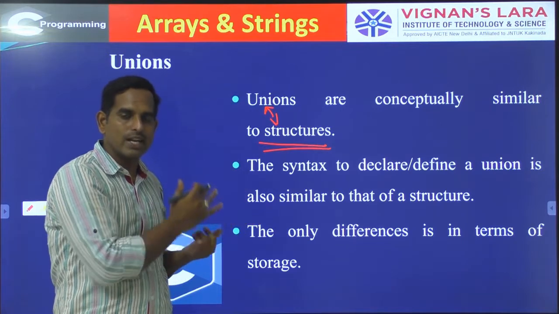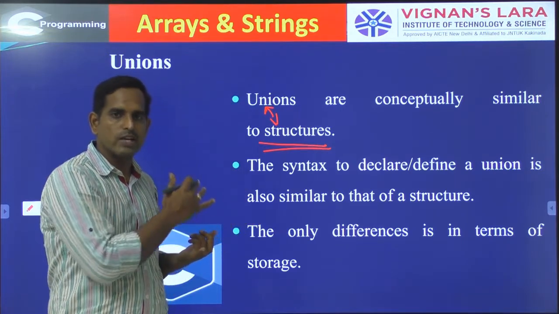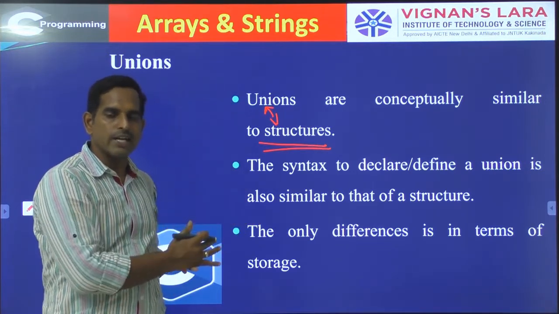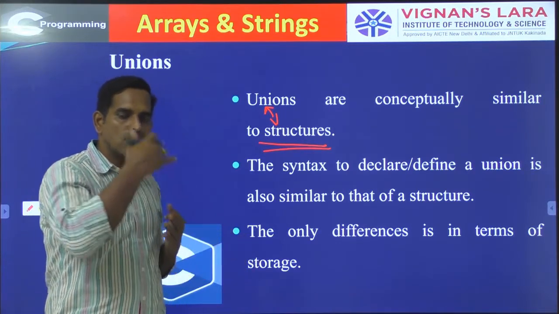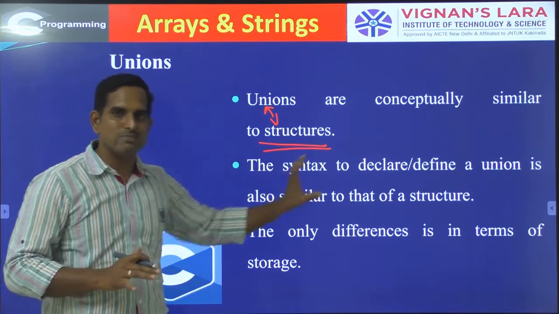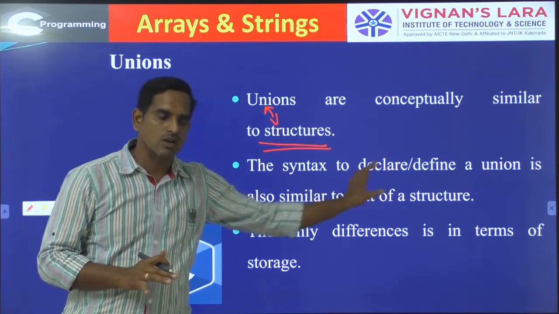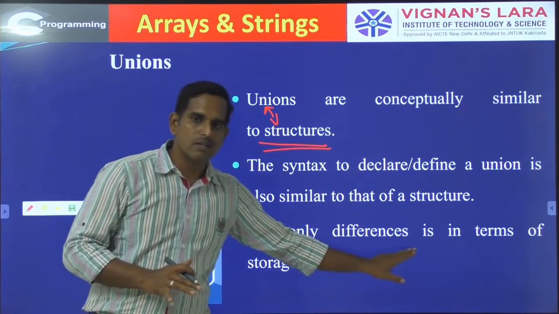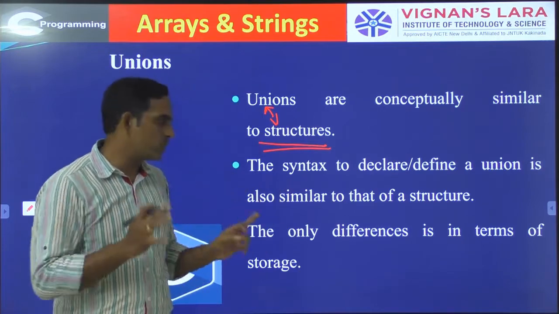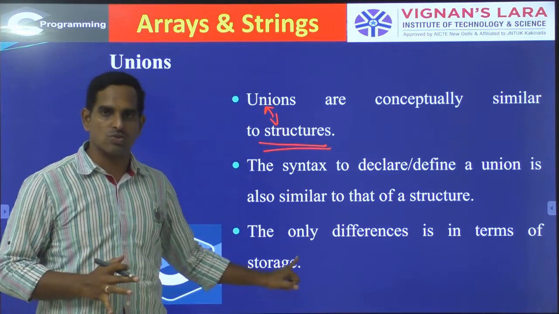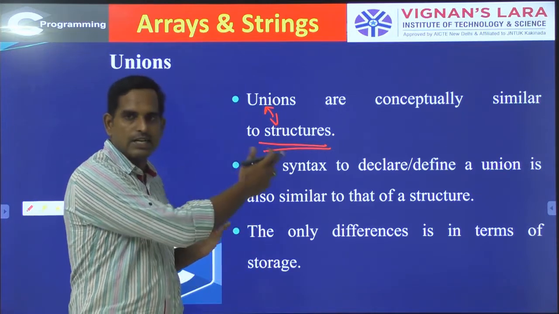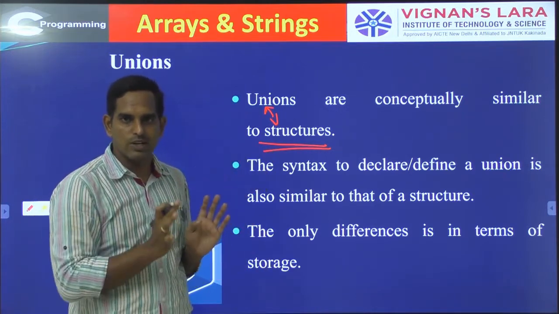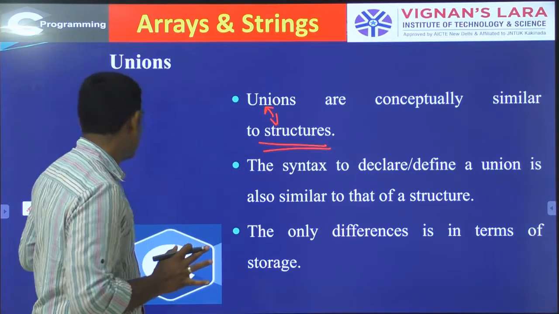That is how to declare your unions, how to create variables for your unions, how to access the members of the unions. Most of the parts will be the same, just like structures. The only difference between a structure and a union is in terms of storage. The only difference will be in storage processing only. So what is that thing?